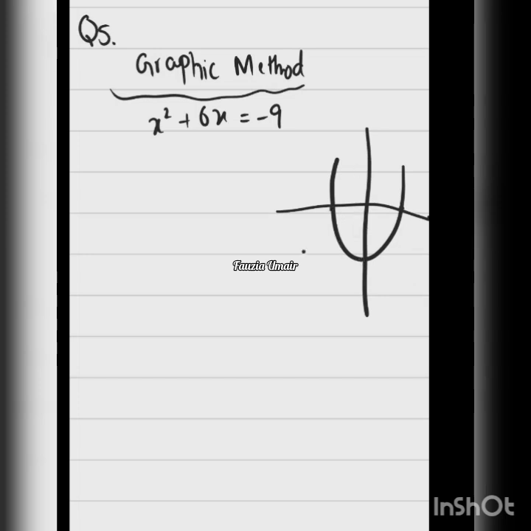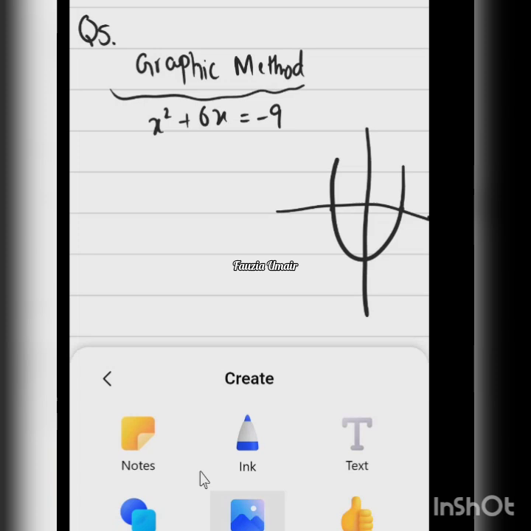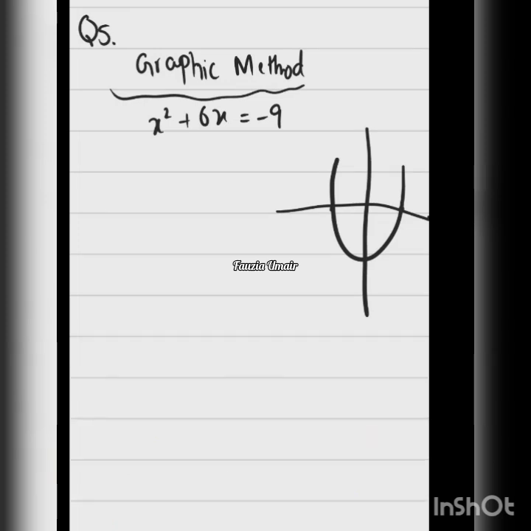It should cut the x-axis at 2 points. But this answer of this equation is a straight line. So how was the graph? Graph was like this. Instead of getting this graph, we got a graph like this. It's like this, right?